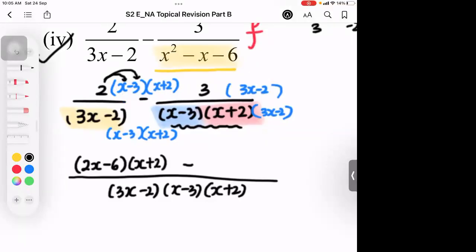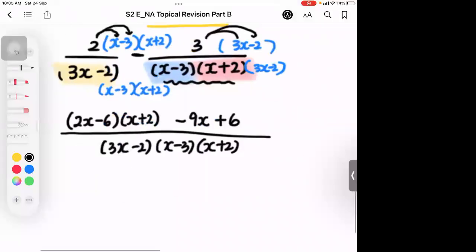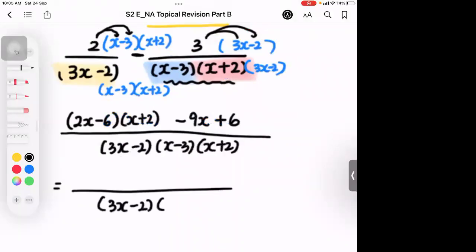Minus this one, 3 times 3x, negative, negative 9x, negative 3 times negative 2, positive 6. Okay, then I haven't finished because there is still one more to expand.